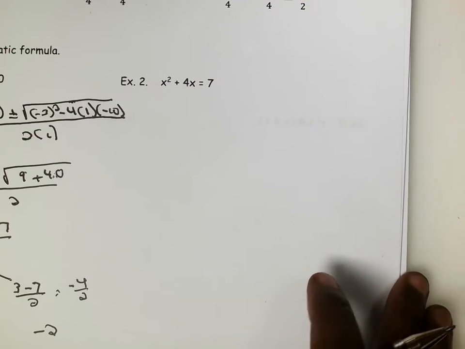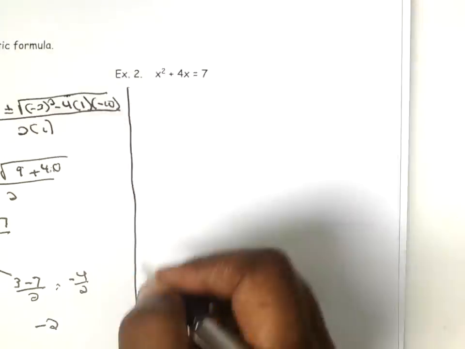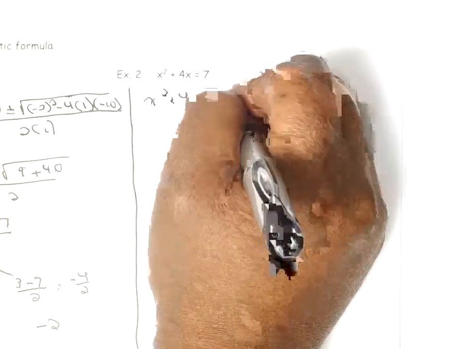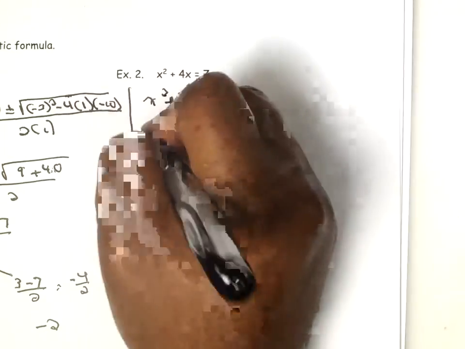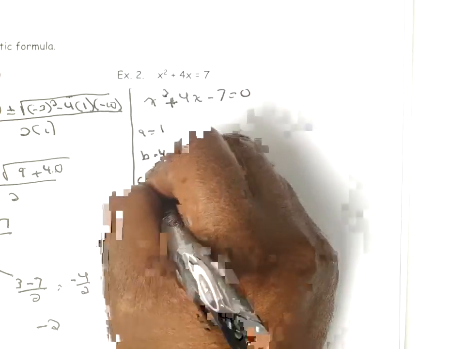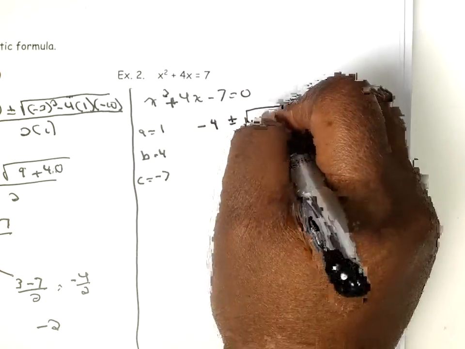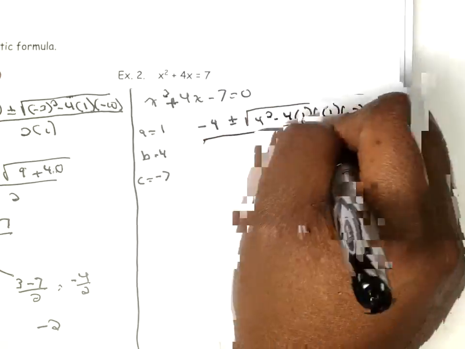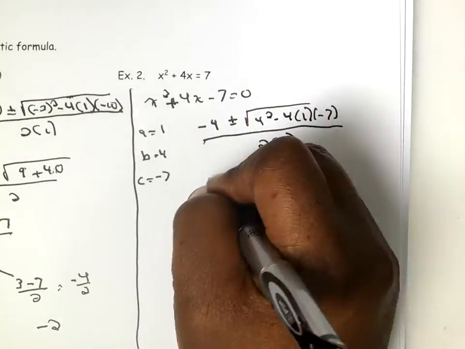For the second example, it's not equal to 0, so I have to do that first. Put it in standard form and identify my a, b, and c. So negative 4 plus or minus the square root of 4 squared minus 4 times 1 times negative 7, all over 2 times 1.